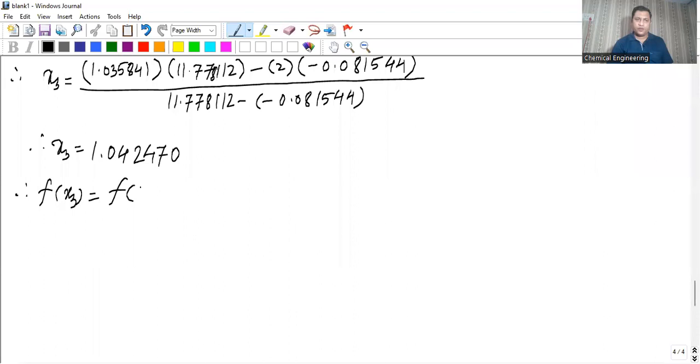So we can think of f of 1.042470. Okay, so we can calculate, and this is going to be minus 0.043332. Okay, and again it is less than 0. So are you getting the same value?